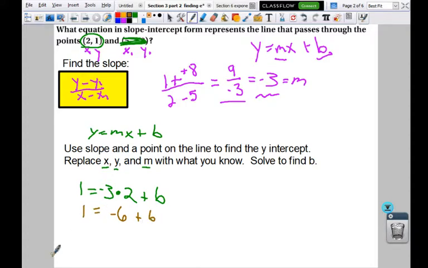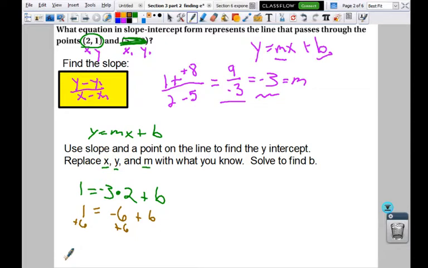Alright, I need to get the b by itself. And Richie, how would I get rid of this negative 6? What do I do? Because it's a minus, we're going to do the opposite to get it on the other side, and we are going to plus 6 on both sides. After I plus 6, Allison, what happens with the negative 6 plus 6 over here?